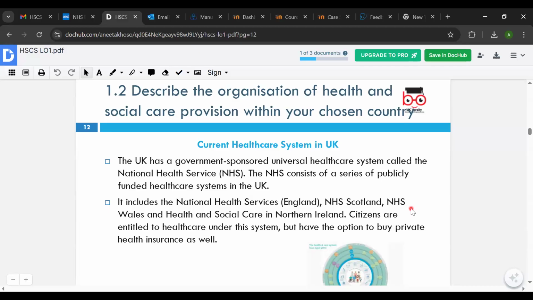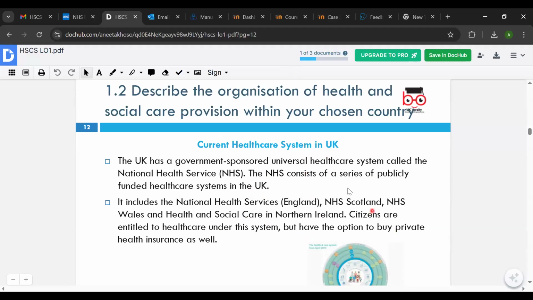So the cost will be minimal. There will be cost, but it won't break your back, because private health is extremely expensive in this country, in any country. So you should be insured, whether you belong to this country or any other country. It always helps you in times of need.